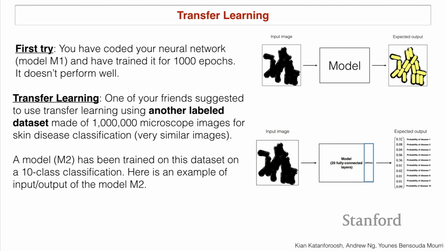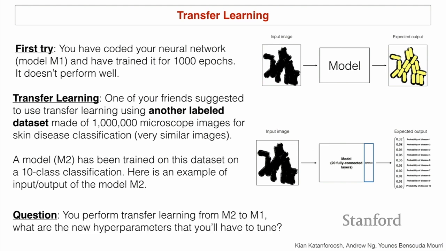So they're not doing segmentation anymore, right? They're doing classification. Okay, so the question here is, you want to perform transfer learning from M2 to M1. What are the hyperparameters that you will have to tune? It's more difficult than it looks, so think about it, discuss with your neighbors for a minute. Try to figure out what are the hyperparameters involved in this transfer learning process.